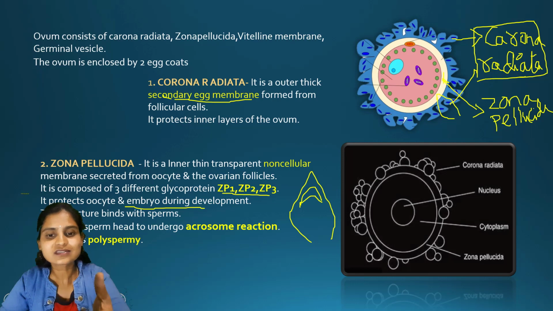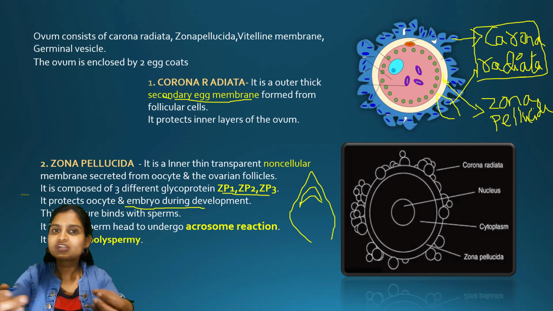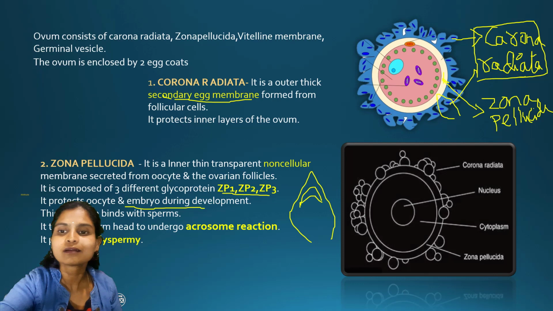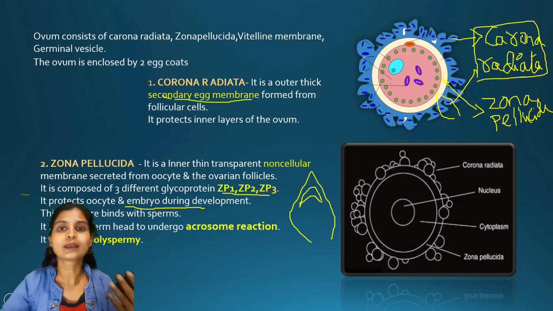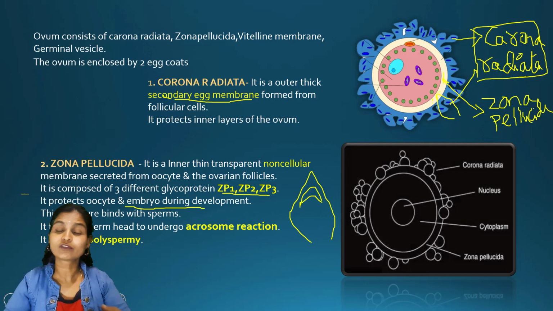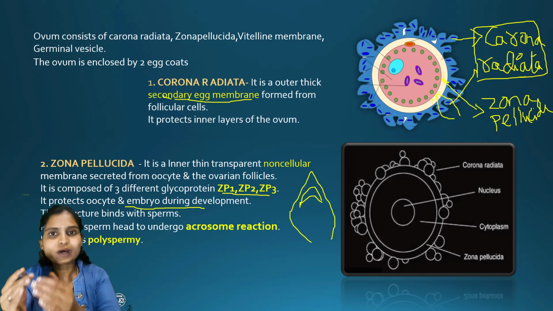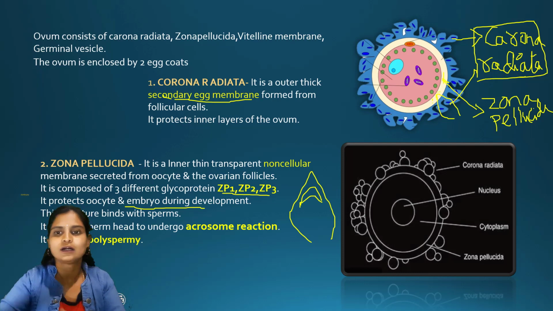As soon as the sperm head comes near the zona pellucida, the acrosome breaks and all the enzymes are released and the reaction takes place. Then the zona pellucida layer becomes more thickened, in such a way that as soon as one sperm enters the cytoplasm, it does not allow any other sperms.